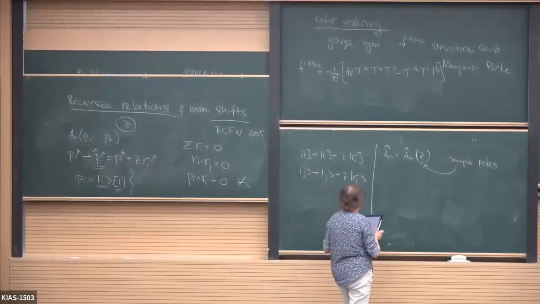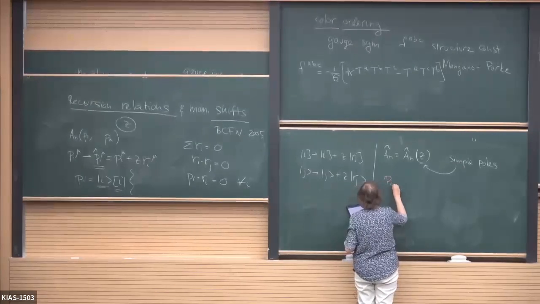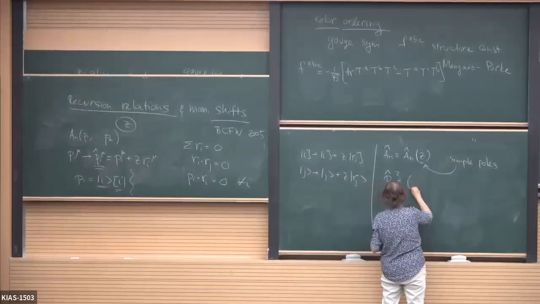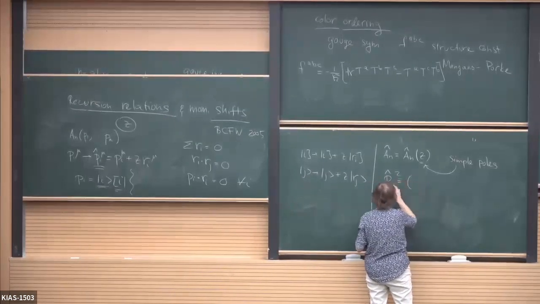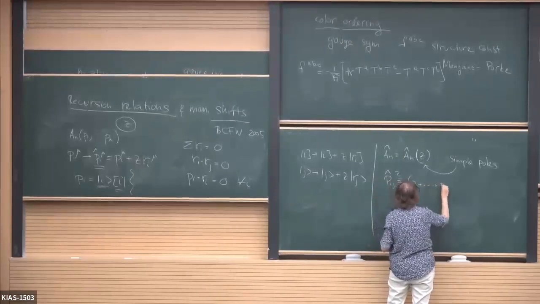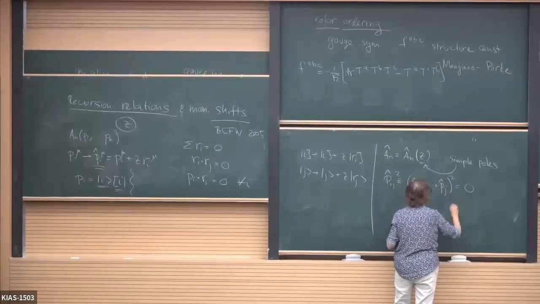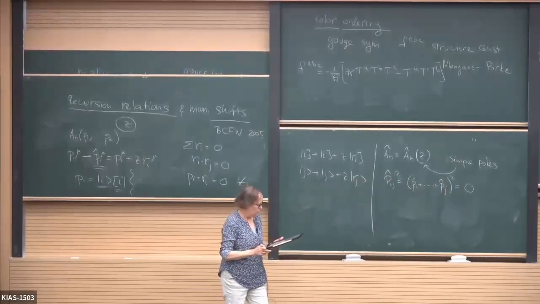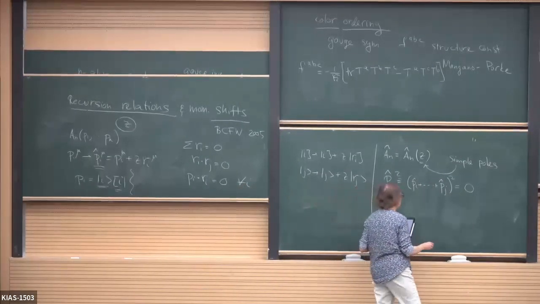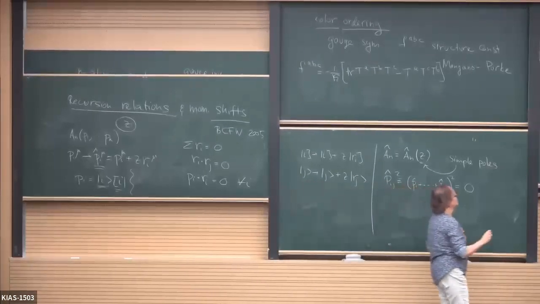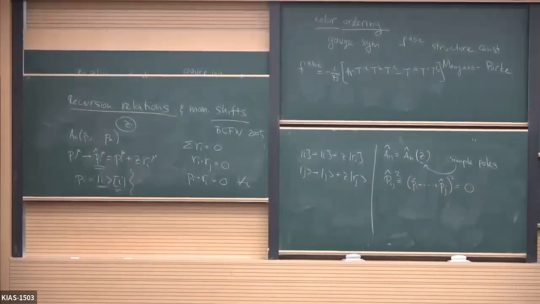Now, where do the poles come from? The poles come from, of course, the usual story when we have some P squared, let me call it P_ij, where I have P_i plus P_j, some number of shifted momenta, that vanishes.